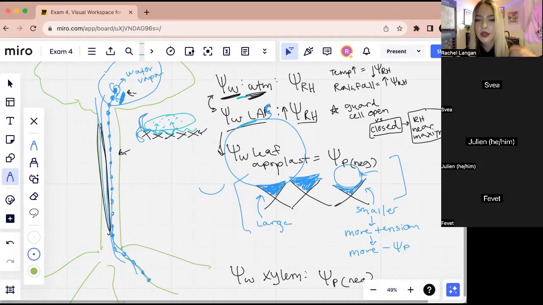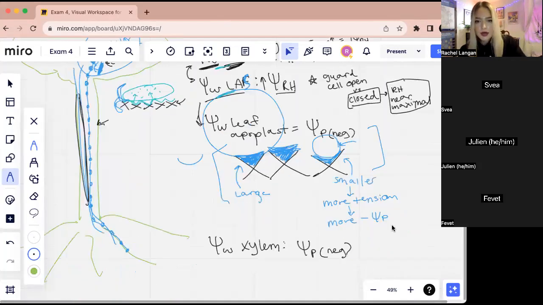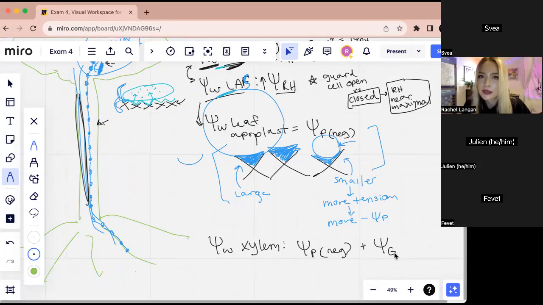The more pull, the more tension, the more negative pressure, which means the lower the water potential. Technically, also, gravity potential can influence the water potential of the xylem, but it's basically negligible in most cases, and it's going to be negligible on this test.